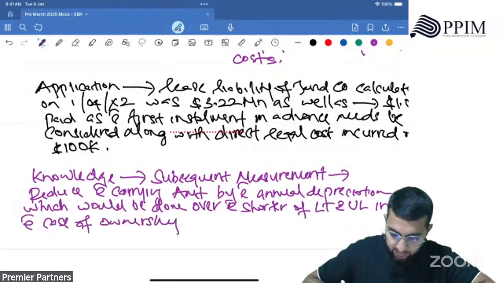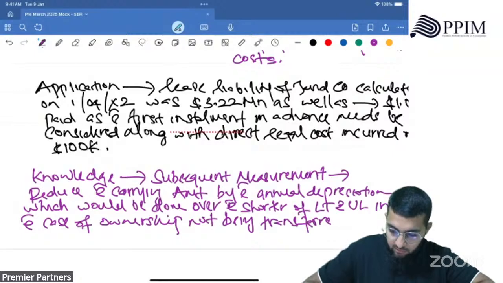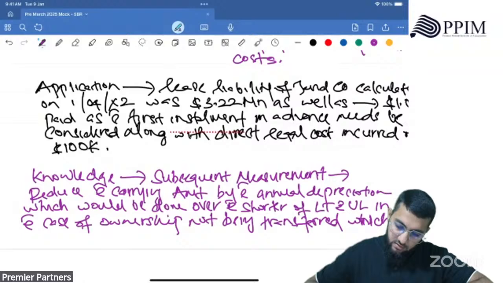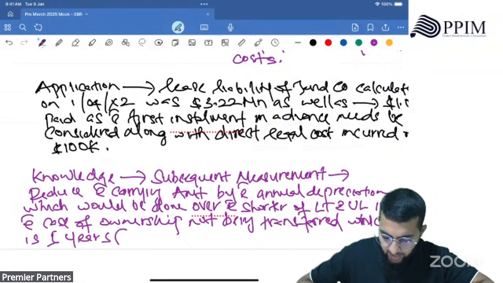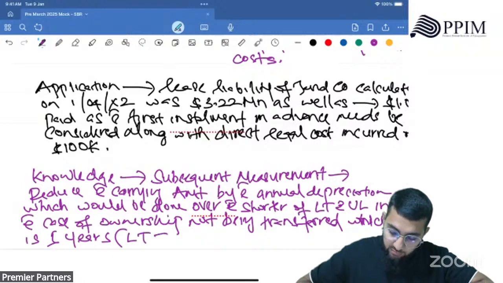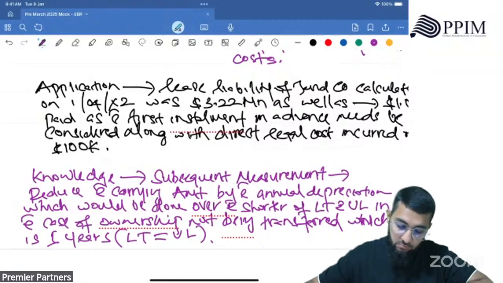That's the case here, right? Not being transferred, which is 5 years as lease term equals useful life. We use 5 years there. Okay, that's a subsequent measurement.